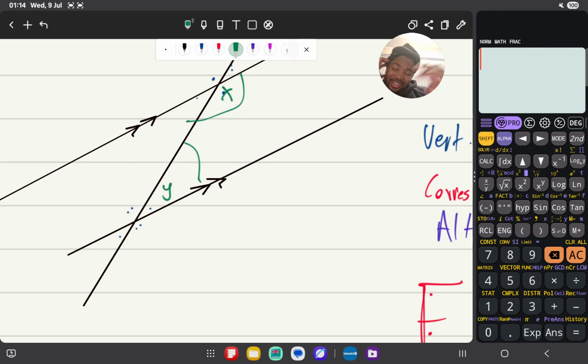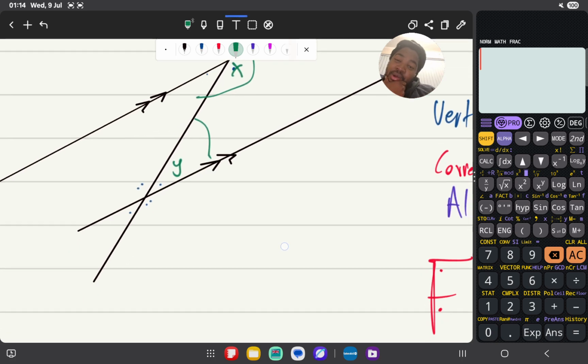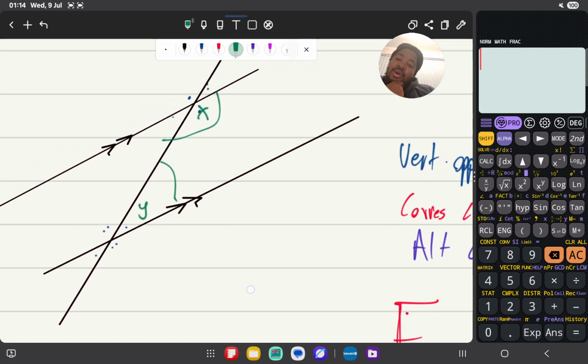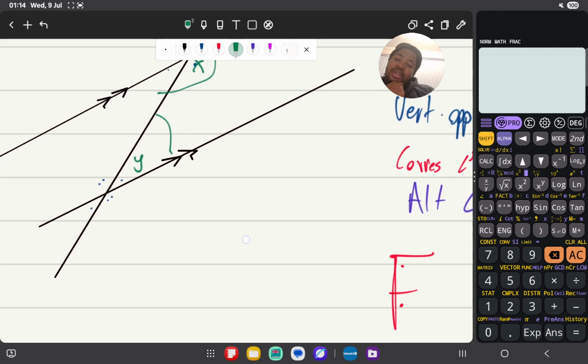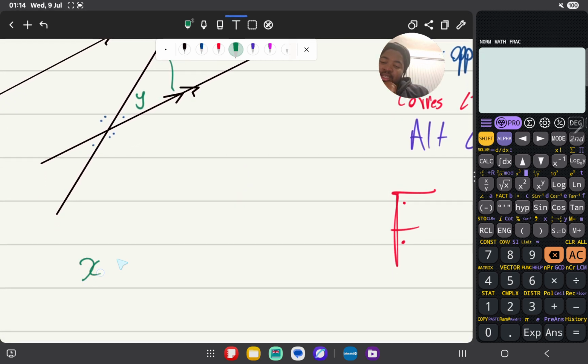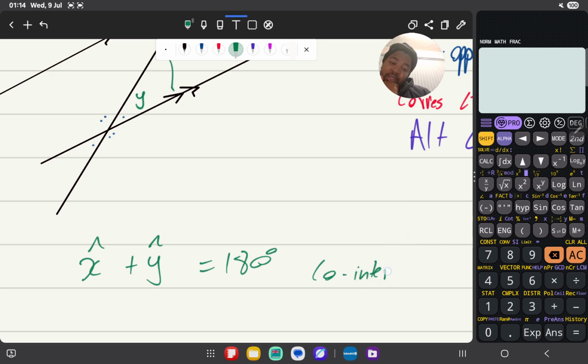What you would do is say angle X plus angle Y equals 180 degrees, and the reason is co-interior angles, right?